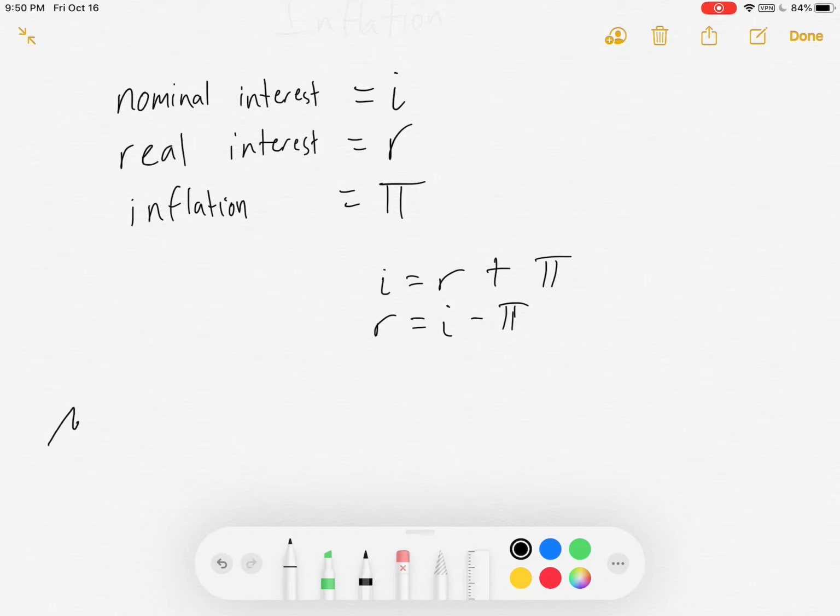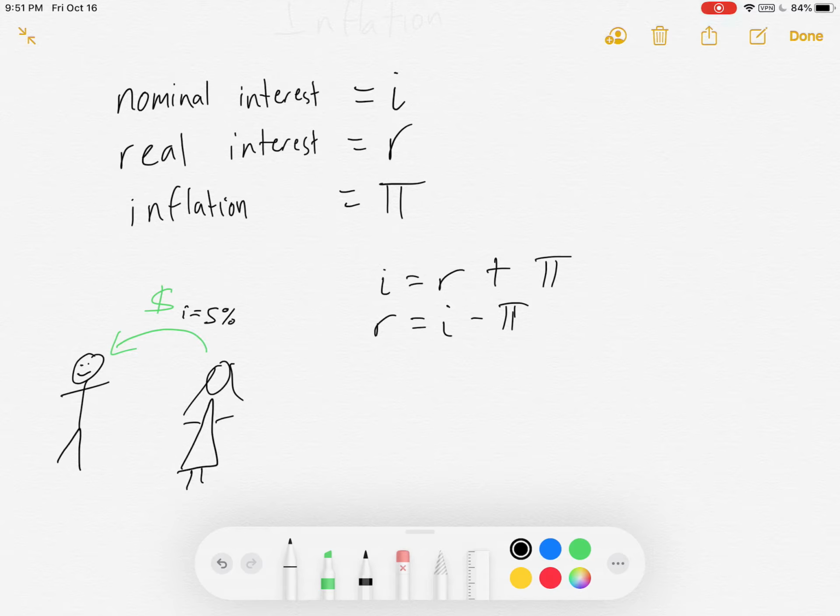This might be easier if we imagine a situation with some guy named Bob, and Bob goes to the bank to meet with Sally. And Sally's an awesome banker, and Sally's going to help Bob buy a house. And so Sally is going to lend Bob money, and let's say there's a 5% interest rate on this loan. And Bob gets happy because now he can buy his house.